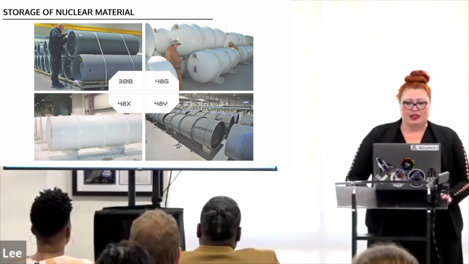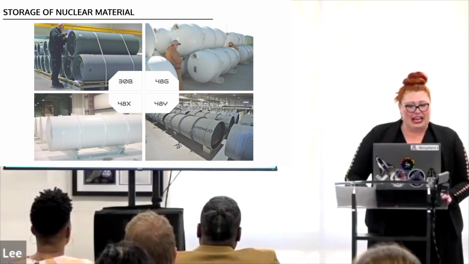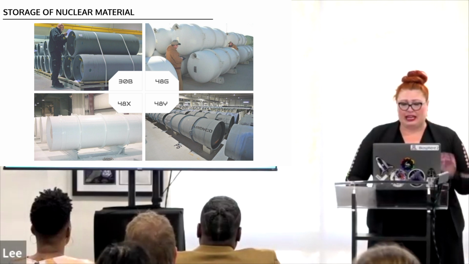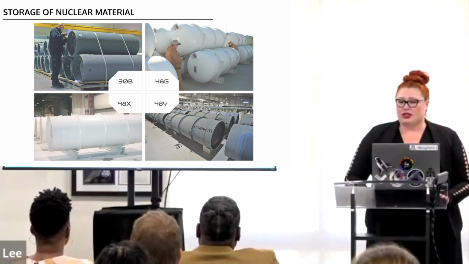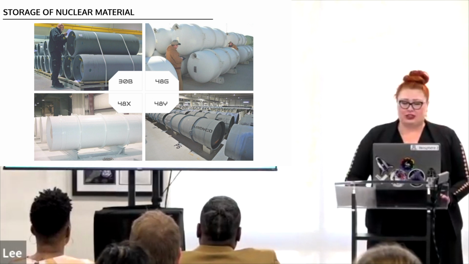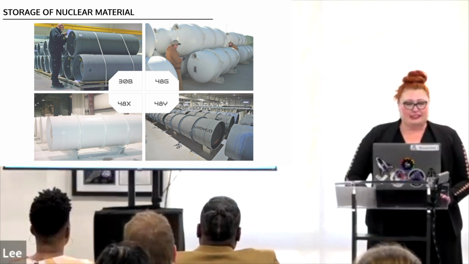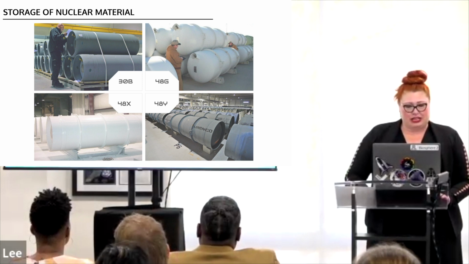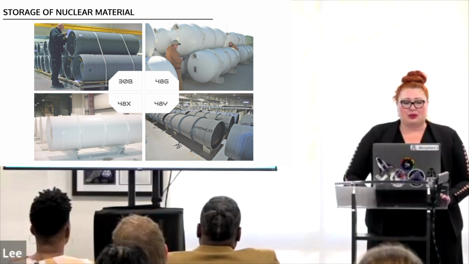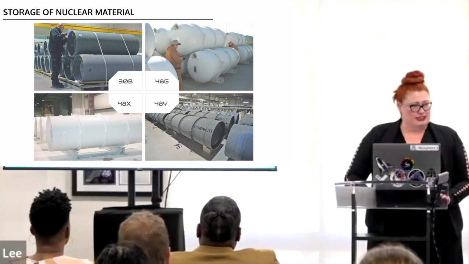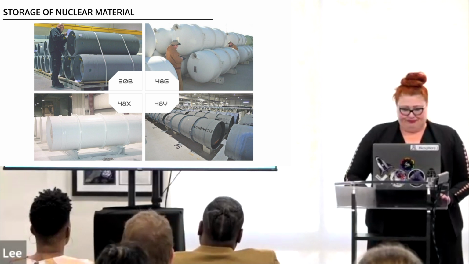weight. There are 48 type containers, which are 48 inches in diameter, used to transport and store natural and depleted uranium. The 48X and Y containers are similar in shape, with the Y version being the longer of the two and capable of carrying around 14 tons of nuclear material.